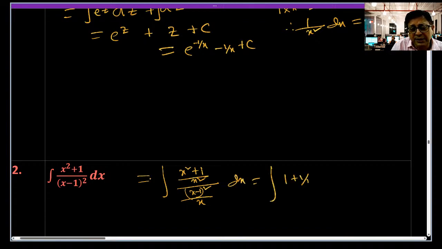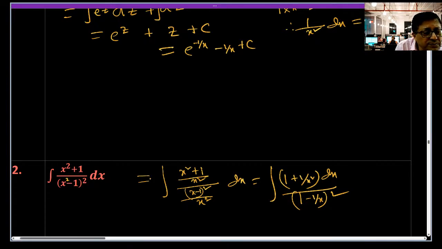Because I have seen that this numerator, if you have divided by x square, so x cube you can take inside. 1 minus... just a minute, one more term I have to add here. This is my mistake, x square, typing mistake, sorry.